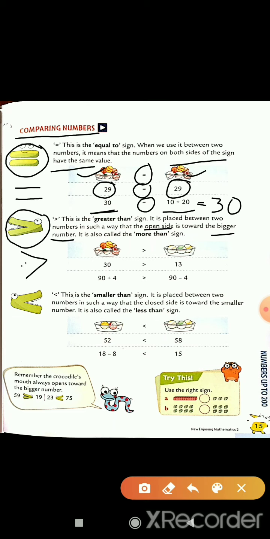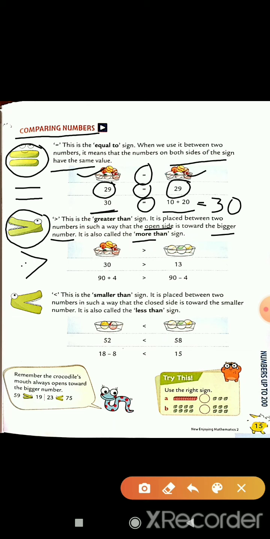It is also called the more than sign. So remember students, the greater than sign is used in such a way that the open side is always towards the bigger number.